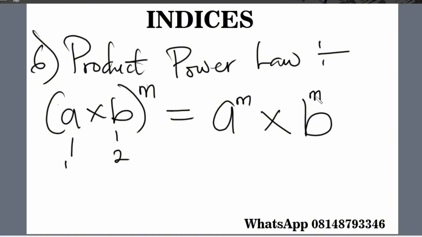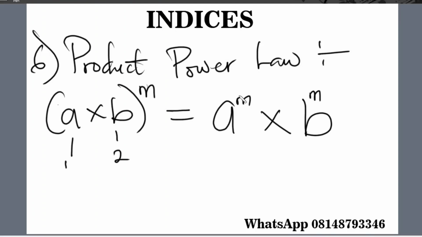Recall, product power law states that to find the power of a product, you can raise each base to the power and then multiply the result. So we've raised a to power m and b to power m, and now we've multiplied.